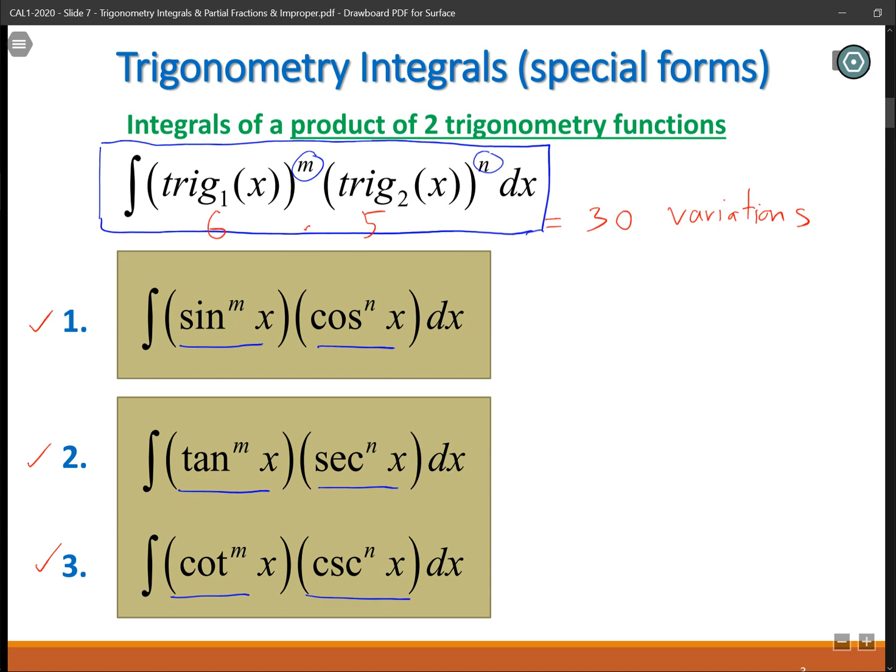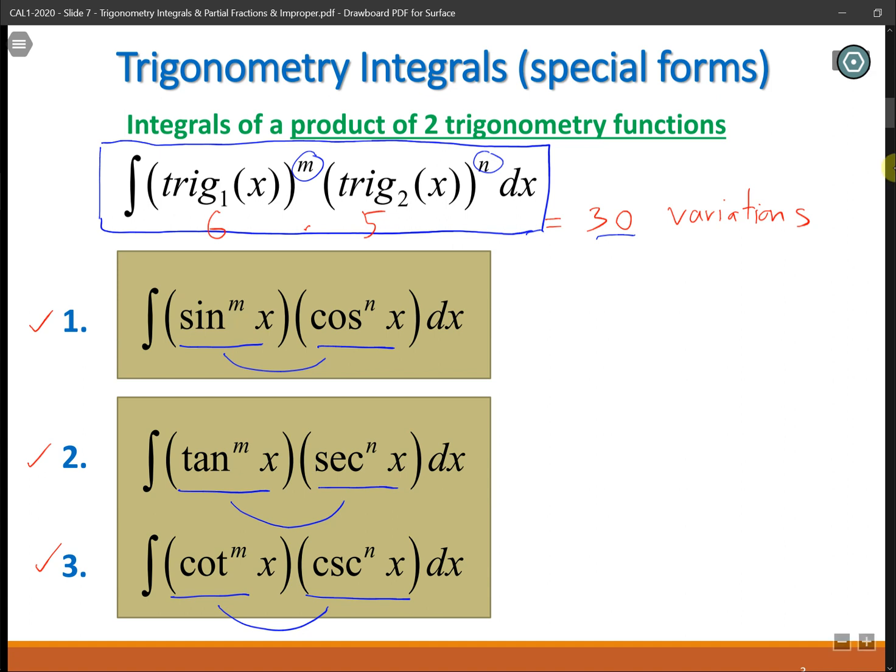At this point, do you notice anything about the pairs that we showed here? If you look closely, you can see that the pairs that we picked out from these 30 have some sort of relationship between each other. Sine and cosine, tan and secant, cotan and cosecant. The fact is, they are related by differentiation and integration.